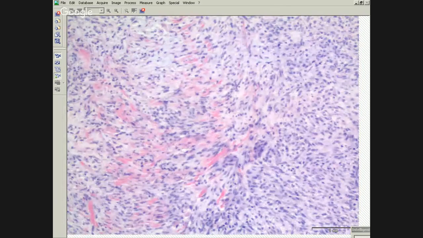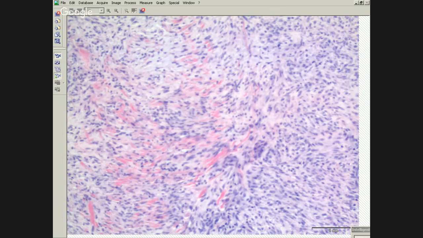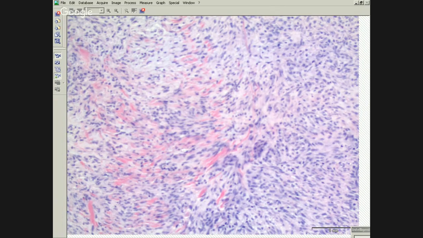So, but this was a burn. We just actually got this case a couple of weeks ago, and this person actually had a history of melanoma that the clinician neglected to mention. So they thought this was going to be mesothelioma. We get the stains, the keratin's negative, and we're like, oh, for heaven's sakes, what's going on here?